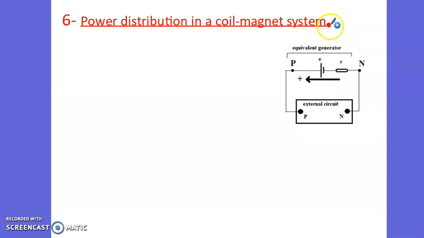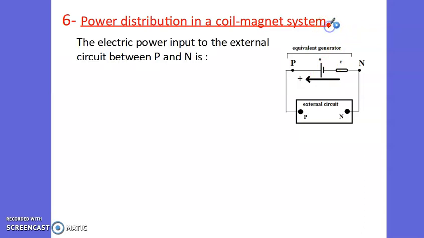First of all, we know that the electric power input to the external circuit between P and N is by definition P equal UPN times I. And let me emphasize here the word circuit. This is the power available to the external circuit, okay?